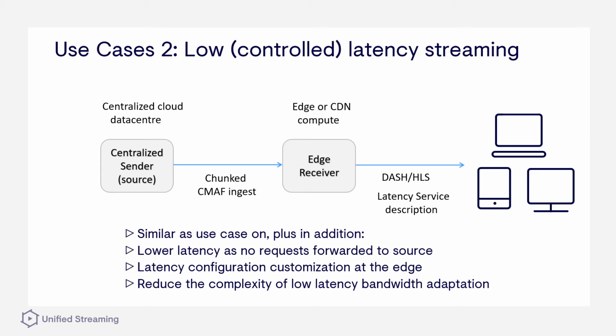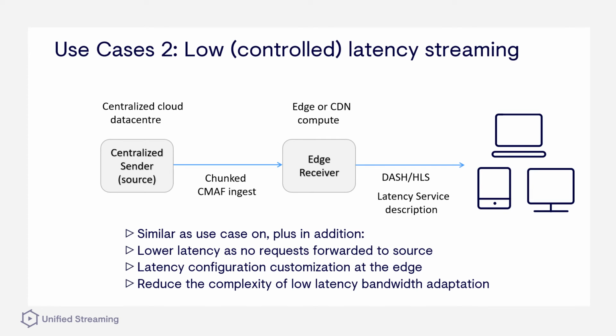Another use case that we envision is quite similar, but in this case, we target low latency. For those of you who followed the specifications around HTTP low latency streaming, it's mainly about controlled latency, basically trying to get a latency of around 3, 4, or 5 seconds. In this case, we use the CMAF ingest HTTP post in a similar manner. We send from the ABR encoder using an HTTP chunk transfer to an edge receiver, and that edge receiver can then do the latency configuration.